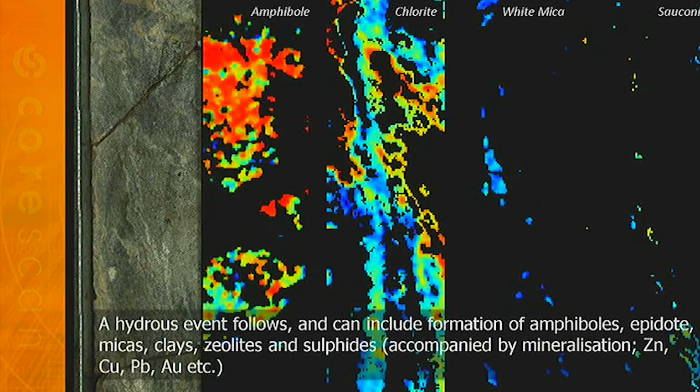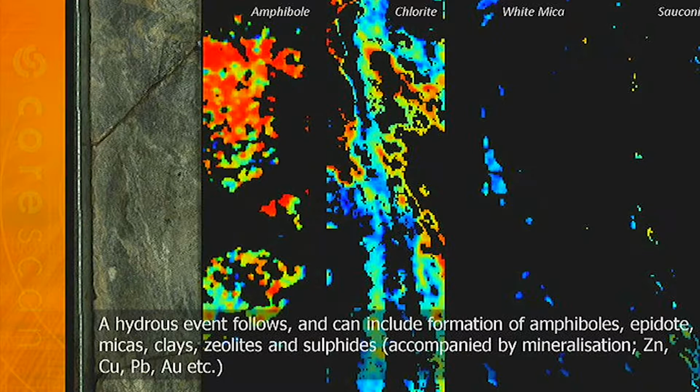And then, as the temperatures fall, or sometimes they continue to go up and then come back down, we'll see things like wollastonite come in, and then the hydrous minerals start to come in. That's when you get the retrograde mineralization and the overprints. That's when you start seeing amphiboles, epidotes, micas, clays, zeolites, and then, of course, most importantly, the sulfides start to come in. And that's when we start to get our ore mineralization.